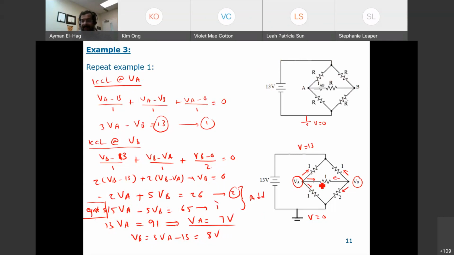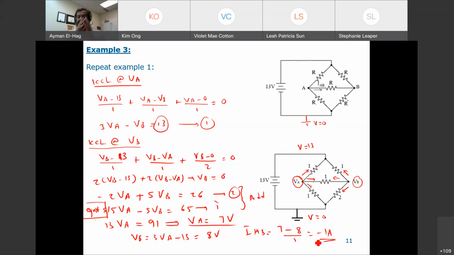So what is the current IAB? It is equal to VA, which is 7. Why did I say VA? Because this is the current direction given in the question. So VA 7 minus 8 divided by R, which is 1, which is minus 1 amp. And this is the same value we had from the previous question.